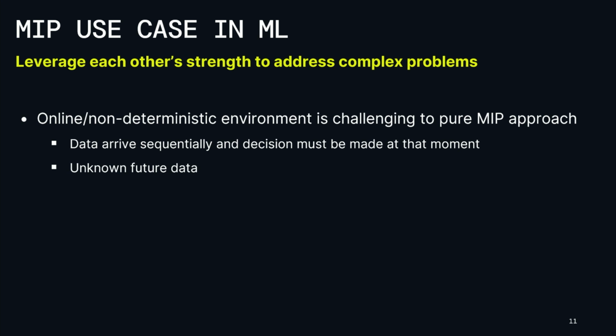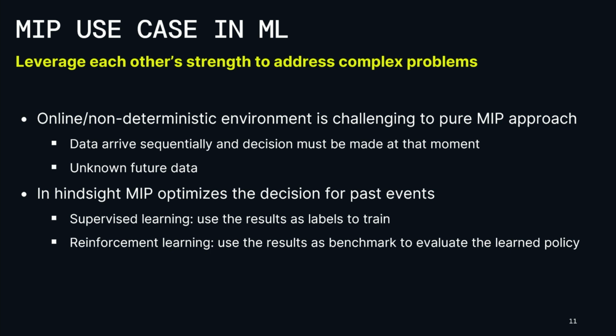We won't be able to collect all the data at once, and there is also unknown future data. So in hindsight, we can use mixed integer programming to optimize the decisions for past events.